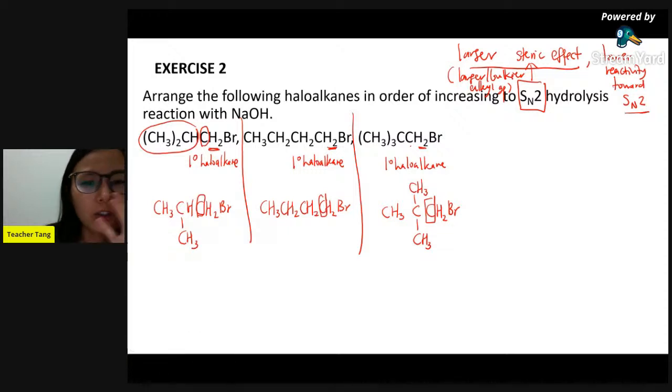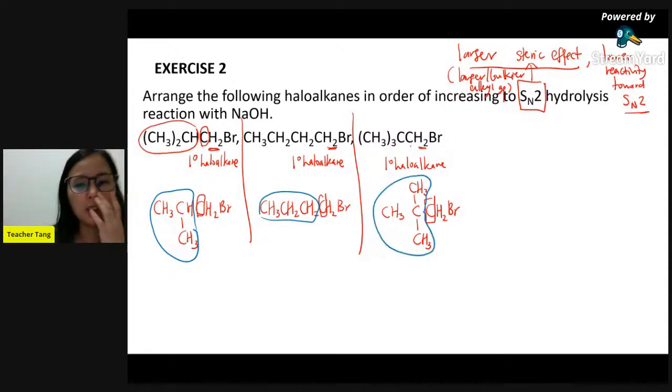Okay, so can you see that for this one, this is the alkyl group, so it only has one substituent. This one, straight chain. This one, 2 branches or 2 substituents. So which one is bulkier?